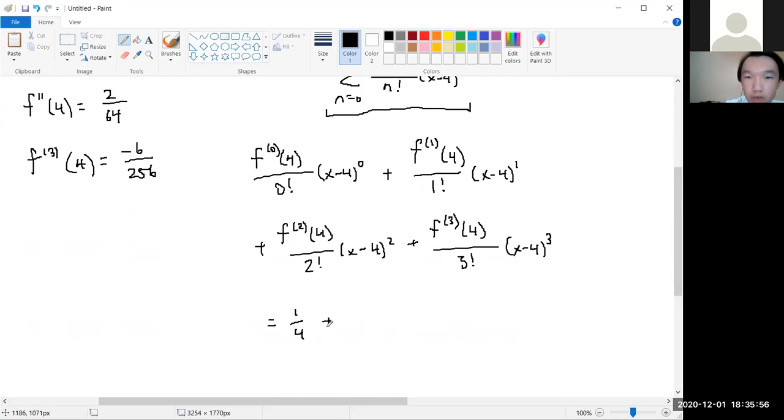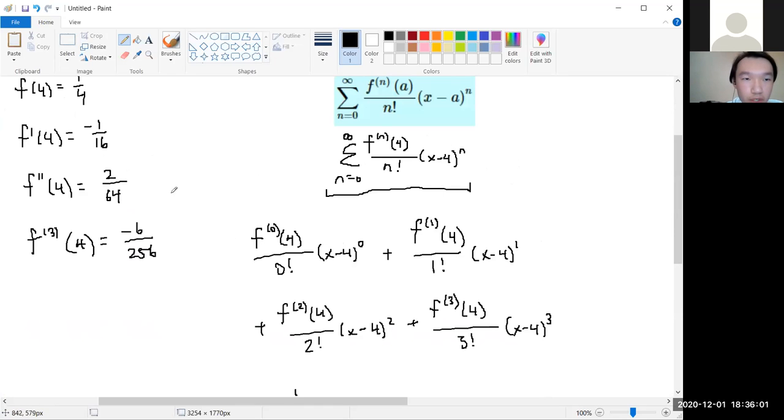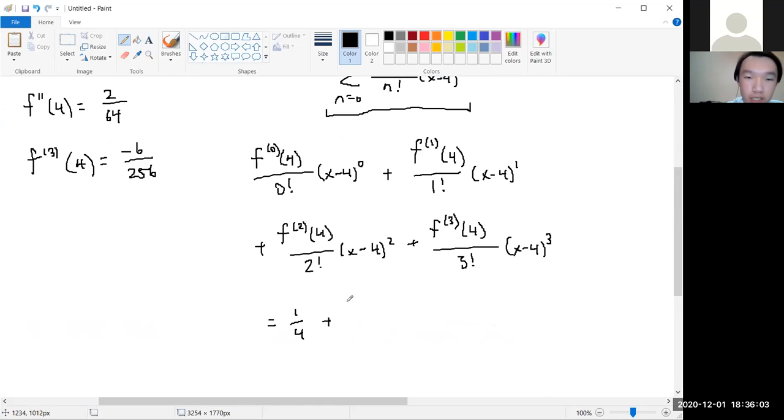And then the next term is f1 of 4, which was negative 1 over 16. So let me change this to a negative sign. So negative 1 over 16. 1 factorial is just 1, and then we have x minus 4 to the first power.